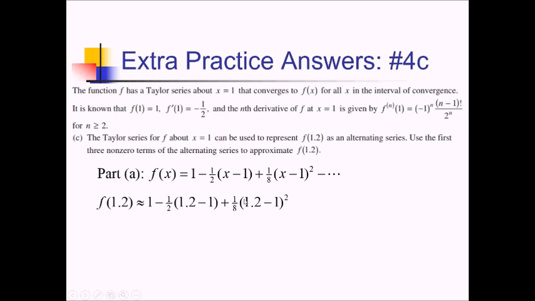But if you wanted to simplify this a little bit, this is going to be 1, and we're going to have minus, this is 0.2, half of 0.2, so we're subtracting 0.1. And over here, we have 0.2 squared, which is going to be 0.04. 0.04 times 1/8, what's that going to be?